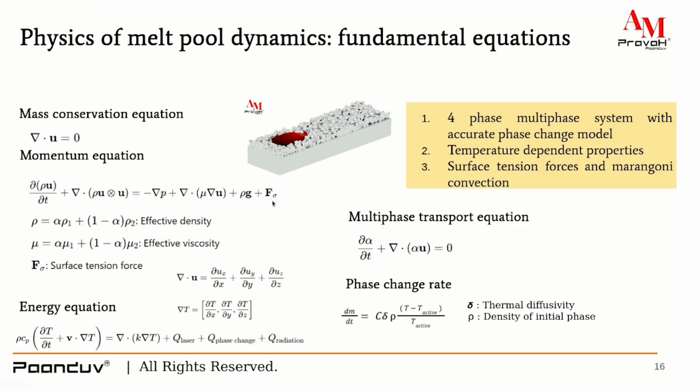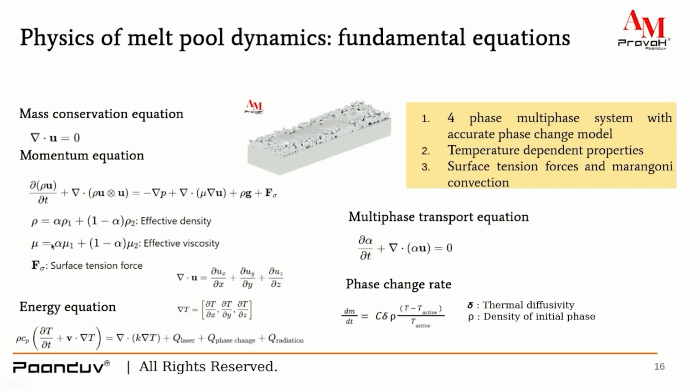Apart from that, the laser scanning is going from one place to another, which means the previous part will have slightly less temperature than the currently melting powder. So that will make a surface tension gradient, which will also create a momentum gradient.